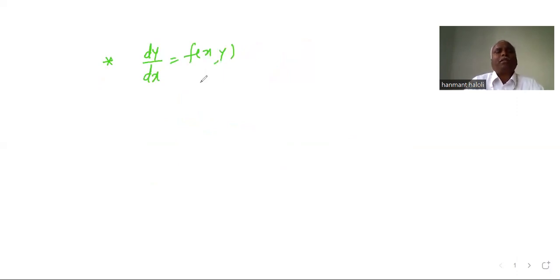This is the general form for the ordinary differential equations. These equations are solved by using different methods. Then we call them general solutions for the ordinary differential equations.